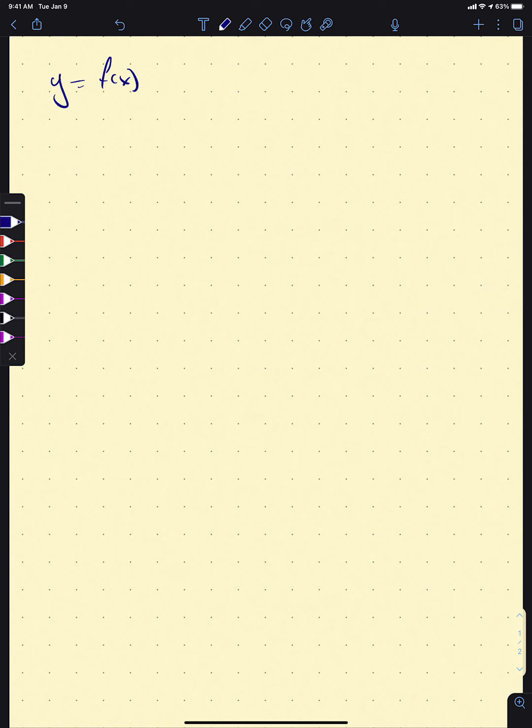But I think we can expand it a little bit more, because any equation in the variables x and y, say something like x squared y plus y minus x squared plus 1 equals 0, has some graph in the plane.